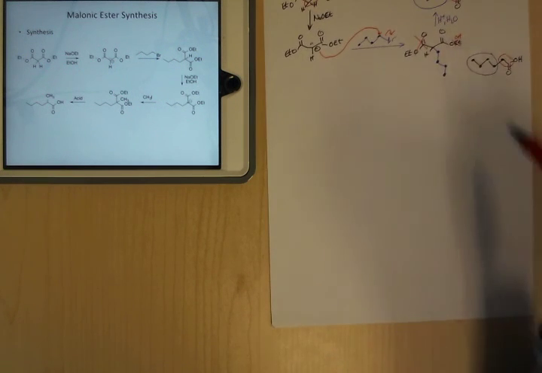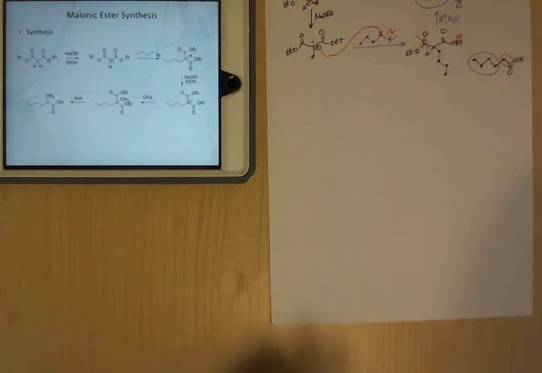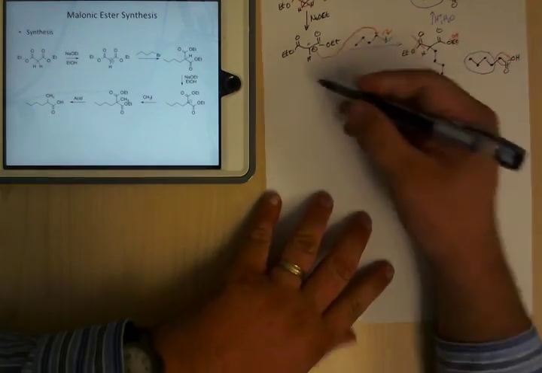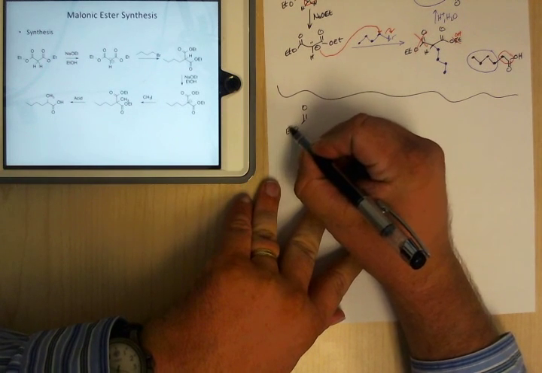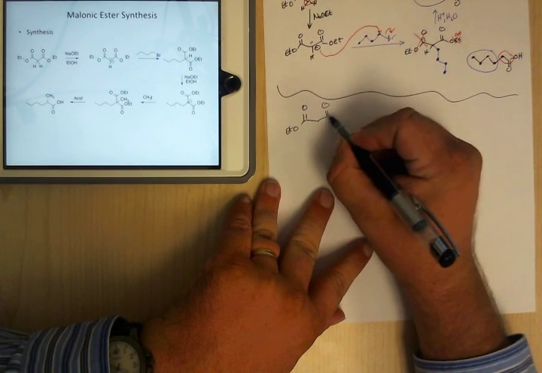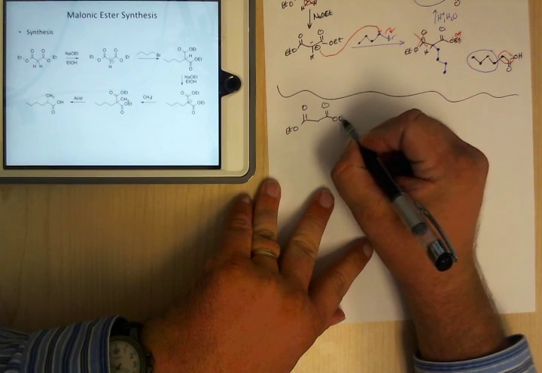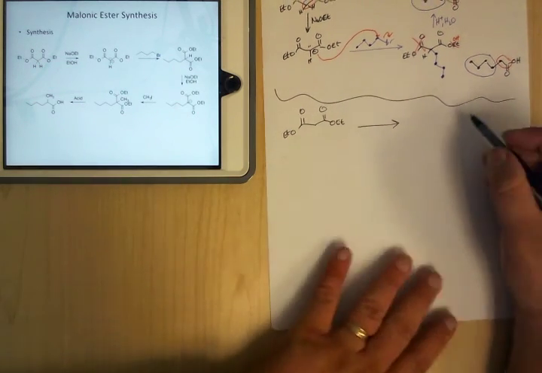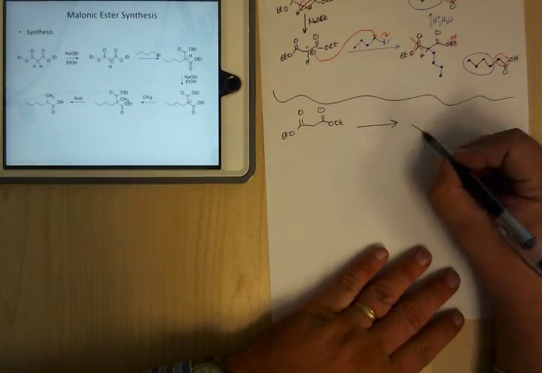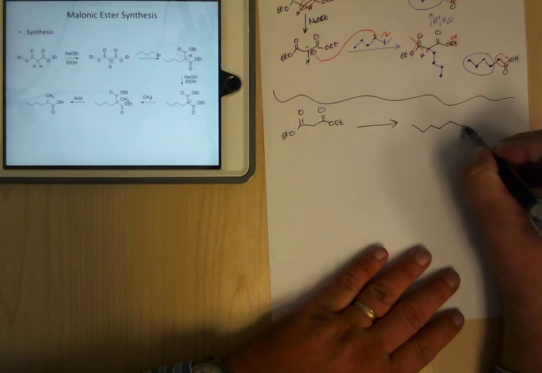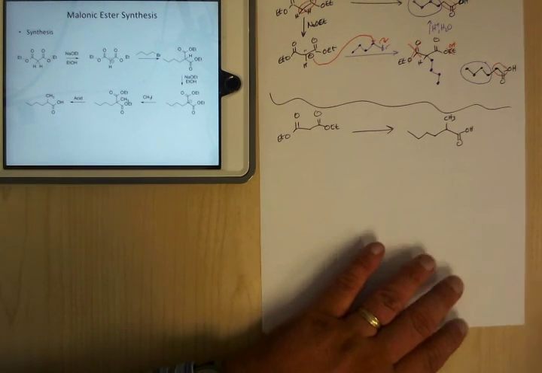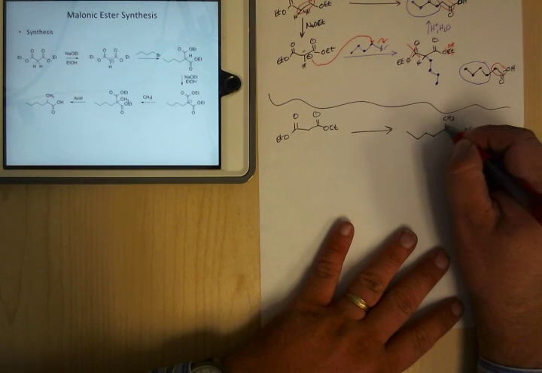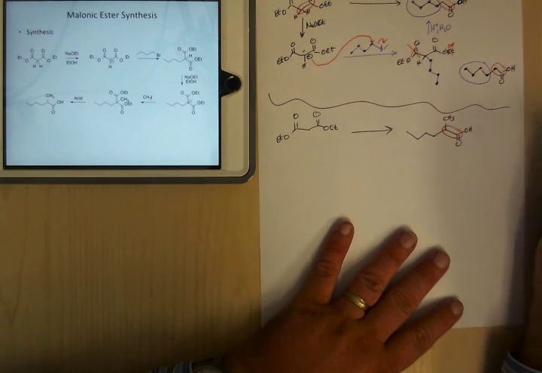Now, if you wanted to make an additional branch here, so let's say instead I said, you've got to start with this, and instead you end up having to make that. Again, you have this 2 carbon piece with the carboxylic acid there.